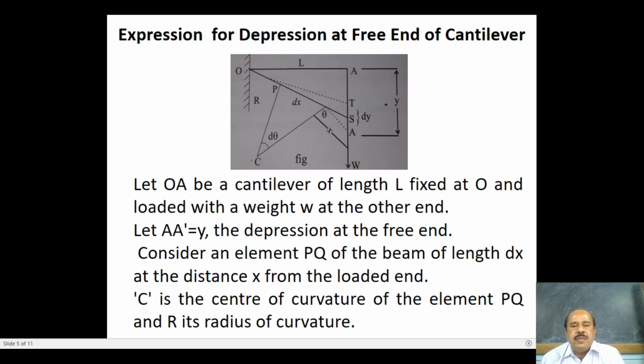Now the experimental arrangement is made like this. Let OA be a cantilever of length L, fixed at O and loaded with a weight W at the other end. Let AA' equal Y, the depression at the free end.